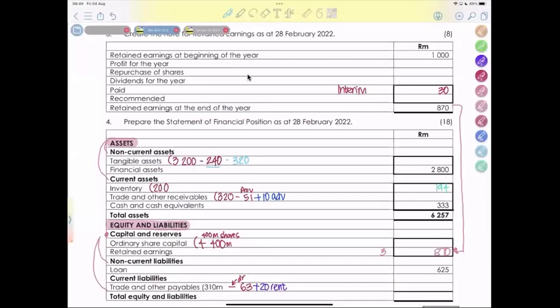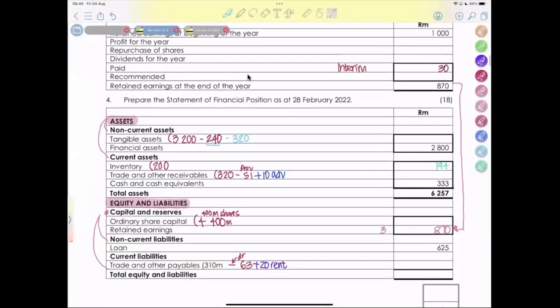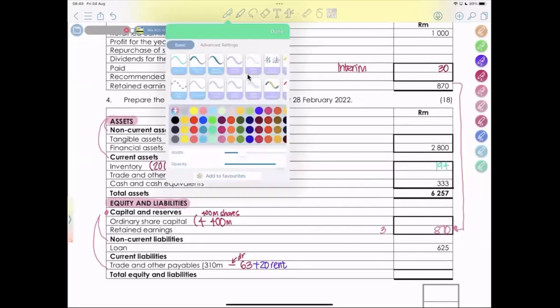If we go to our statement of financial position, you can see that the inventory at the moment is 200. And to get it to the 194 that we want, we say minus 6.